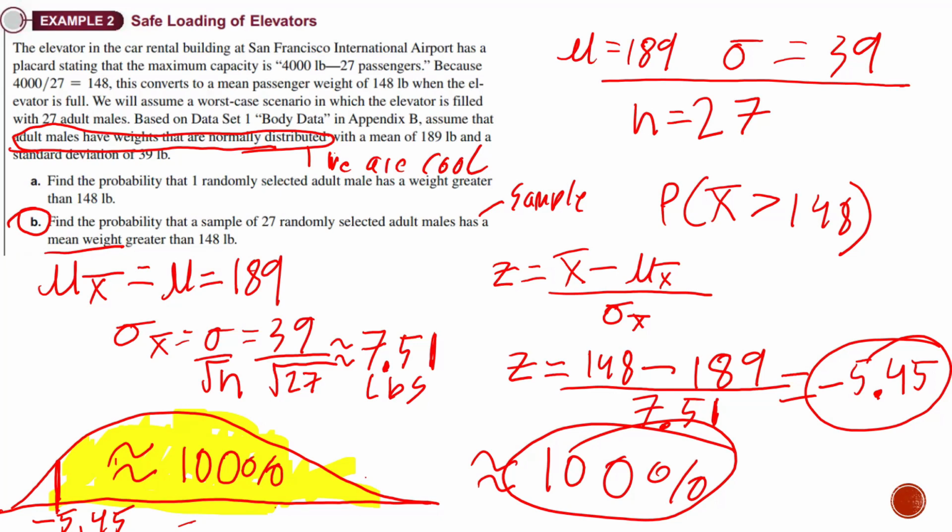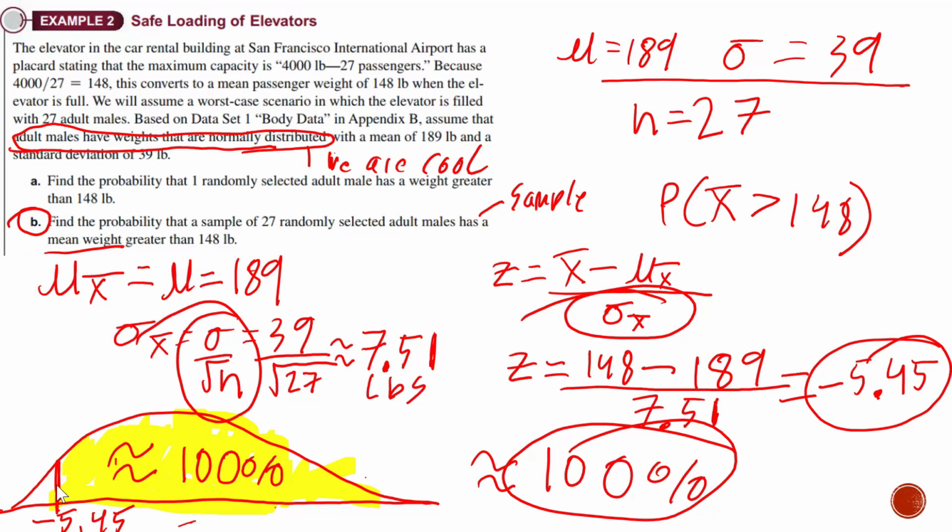What did I divide by instead of 39? I used the standard deviation of the sampling distribution, which I calculated by taking my initial standard deviation and dividing it by the square root of n. Does this sound familiar? That's what you're going to need to do here.